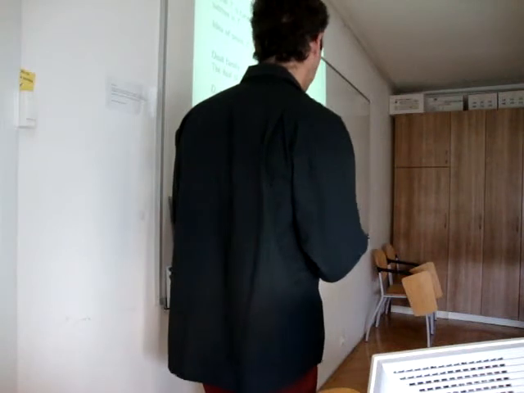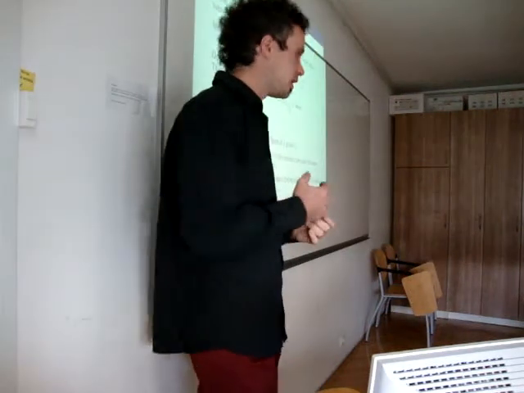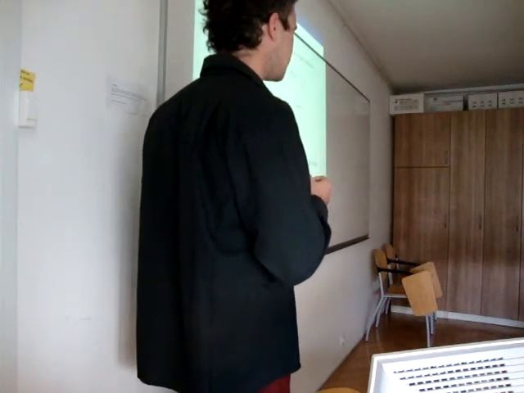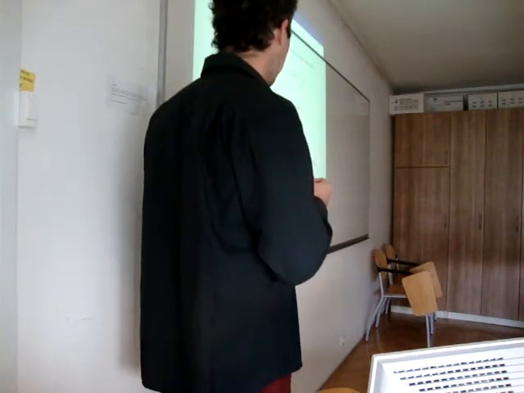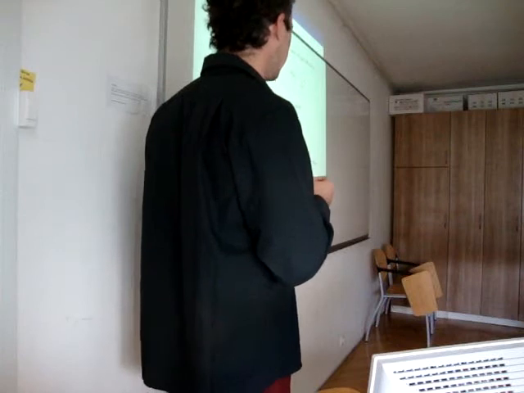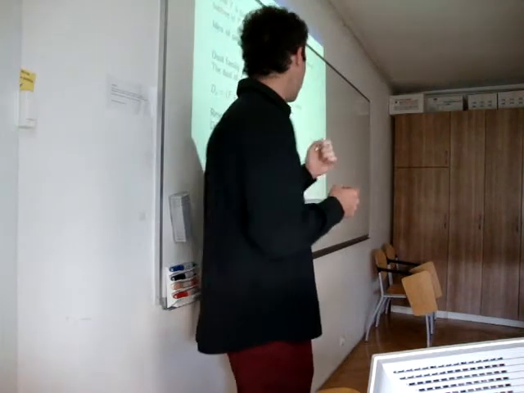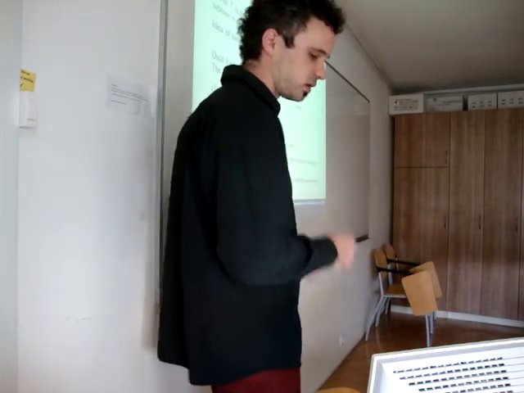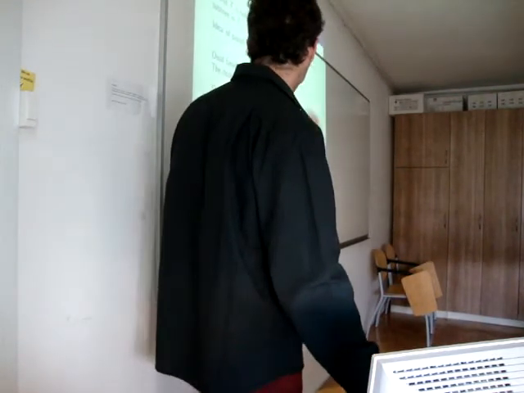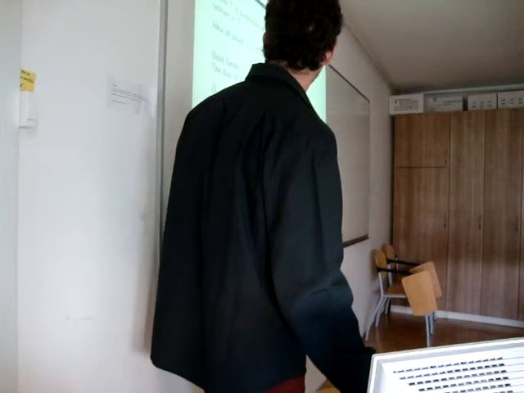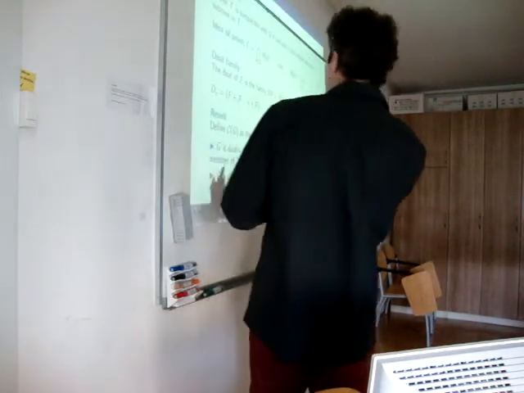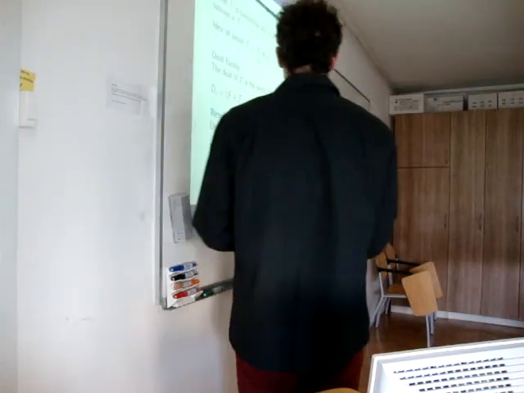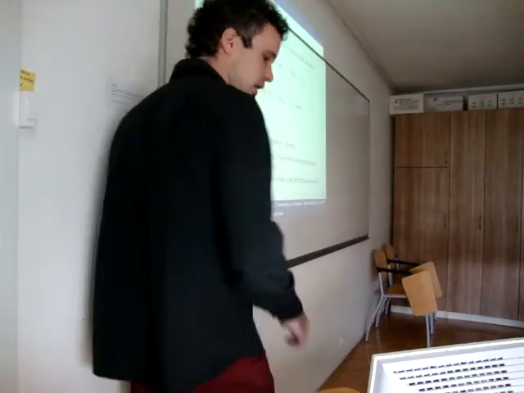Because remember that the definition of clique tree is a tree such that for every vertex, the cliques that contain that vertex induce a subtree. But the cliques that contain a vertex is a member of the dual family for clique trees according to this definition. So this is the reason for the name, because we have the clique family in one and the dual in the other.